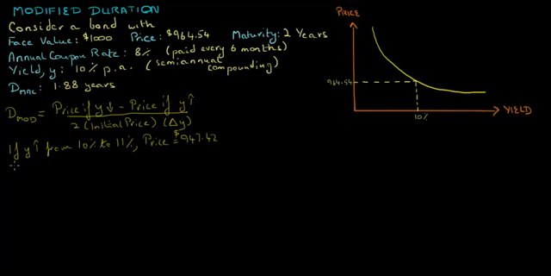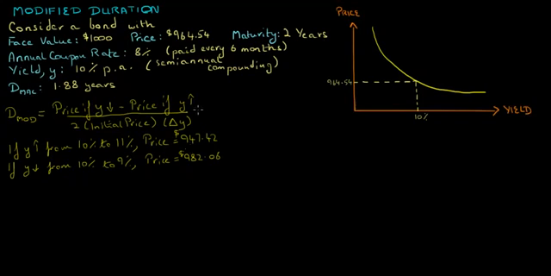On the other hand, if yield declines from 10% to 9%, the new price of the bond will equal $982.06. So we know what new bond prices would be if yield were to go up or down by 1%.